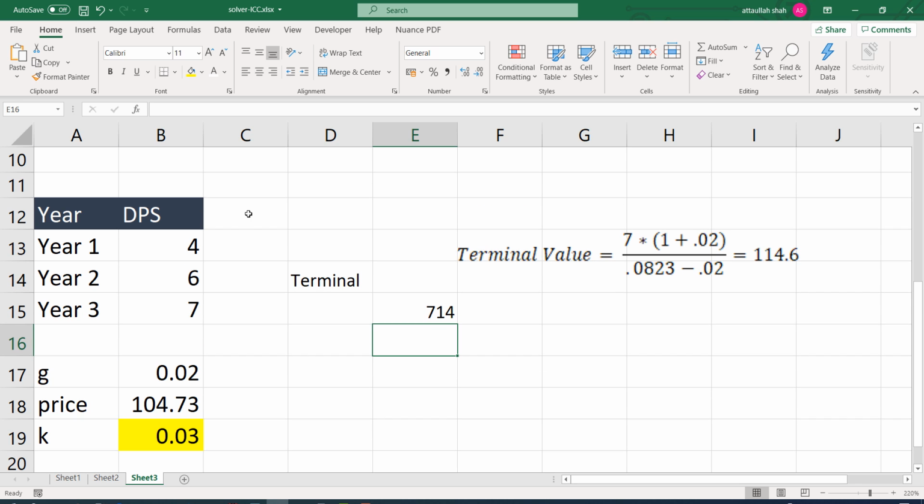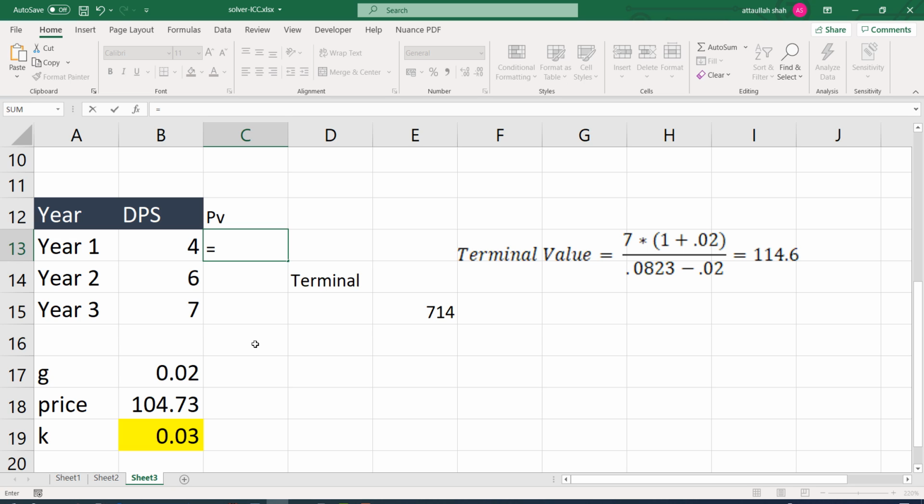Okay, now let's try to find the present values. The present value equation is dividend divided by cost of capital, which is not yet given, 1 plus cost of capital raised to power 1. The second year dividend divided by 1 plus cost of capital raised to power 2.